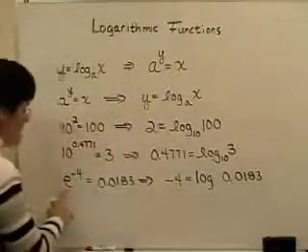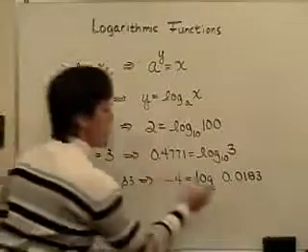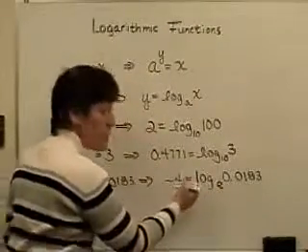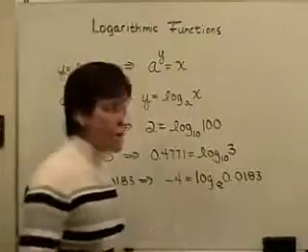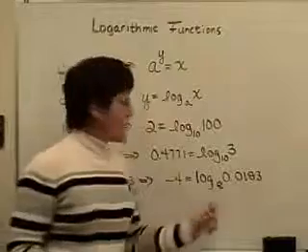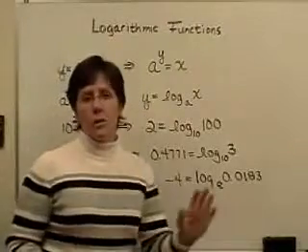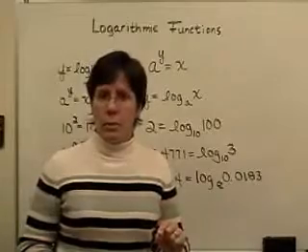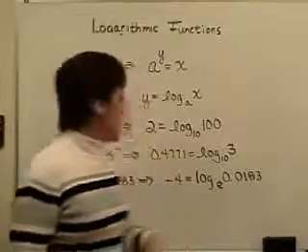And again, my base in exponential form is e, my base in logarithmic form is e. Now, if you hit the LOG key on your calculator right now, log of 0.0183, it would not give you a negative 4 because it would be using a base of 10. So be careful. The calculator LOG key only uses a base of 10, which is a common base.